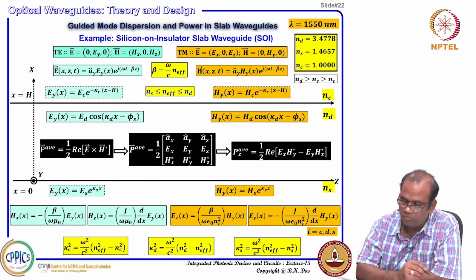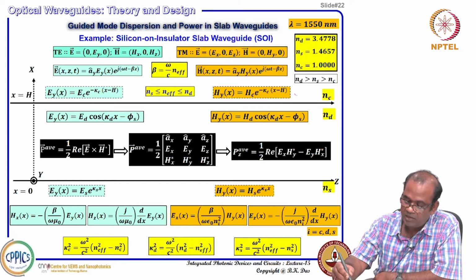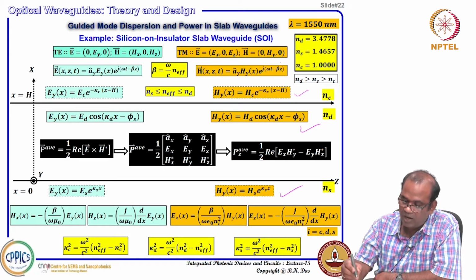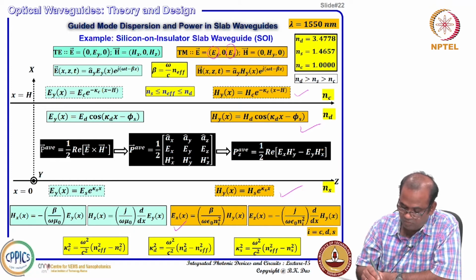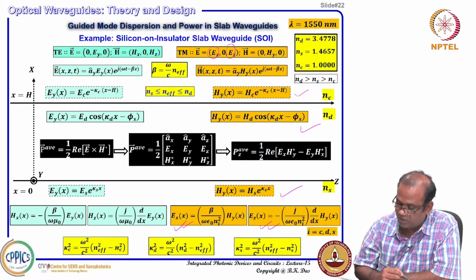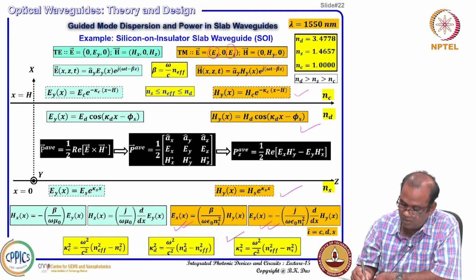Likewise for the magnetic field, I can define the y component in the cover region, core region, and lower cladding box region, and other components like E x and E z we can again derive from Maxwell's curl equation. That expression I have shown earlier also. This is straightforward from the curl equation, and we know that kappa c, kappa d, kappa s are defined like this, which I repeated here.